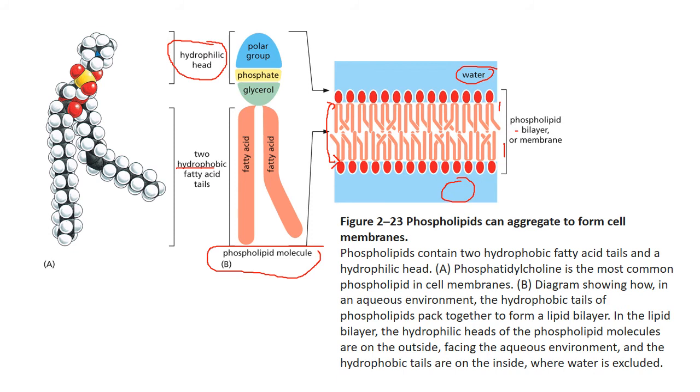If it was fully hydrophobic, then really nothing would be able to flow in and out of the cell, because keep in mind that our body is just inundated with water molecules. So the arrangement of the hydrophilic head and the hydrophobic tail, or I should say the hydrophilic head being exposed to the water component and the hydrophobic tail being tucked away, is a perfect scenario for our plasma membrane to allow for selective permeability to occur.